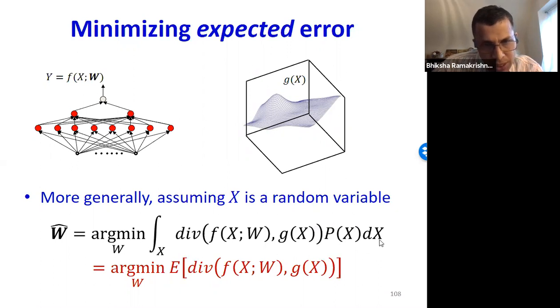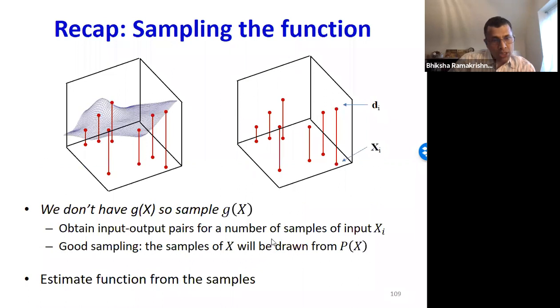This, of course, is simply the expected value of the divergence. And so what we really want to do is to find the weights that minimize this expected value of the divergence between the actual output of the network and the desired output of the network. This is what we want to do.